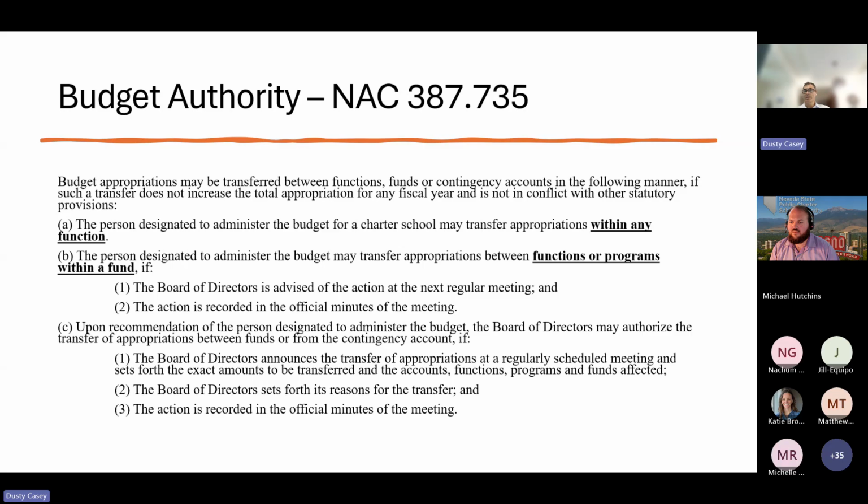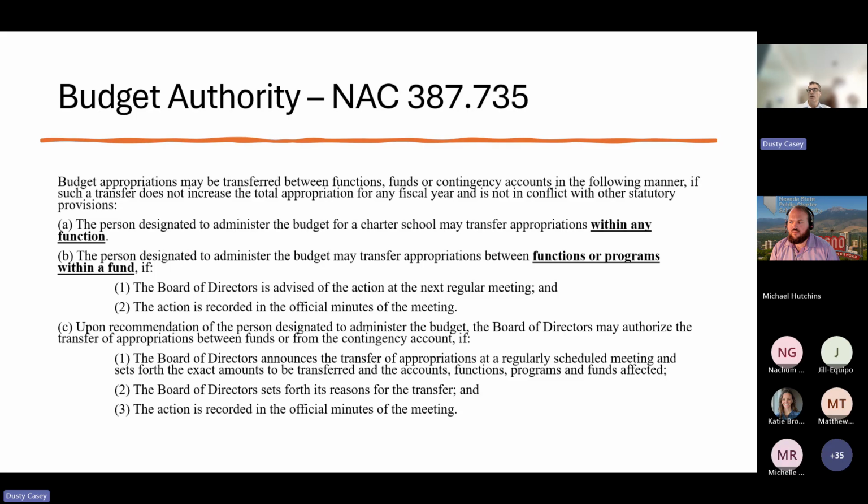So this slide specifically talks about the budget authority, and that only your board can, number one, authorize. They have the fiduciary authority to authorize your school to expend money, and they have to authorize it at the fund level. And then you have to stay within those authorizations.